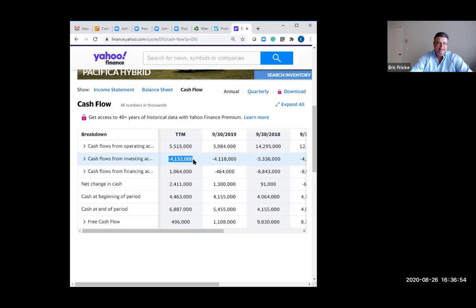In this case, they're showing negative 4.3 million because they invested 4 million, and they're going to subtract it in this table right here to get cash flow. But for our purposes, capital expenditure, we already have the negative sign over in our equation.